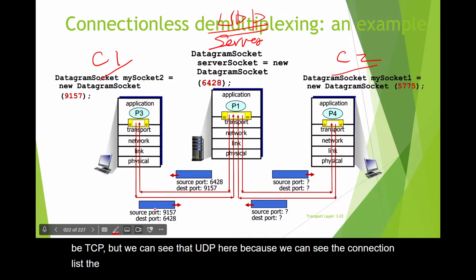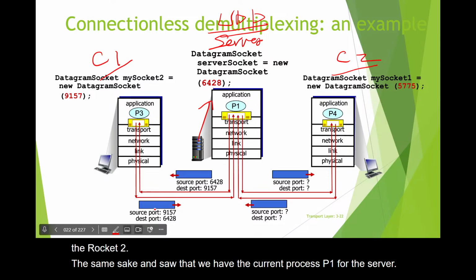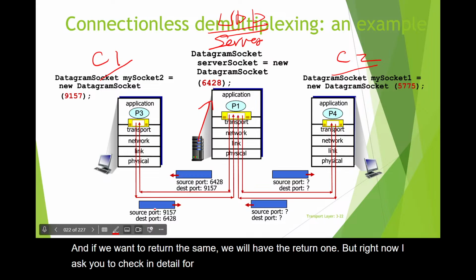Well, so currently, if we have UDP, we will direct it to the same socket, so that we have the current process P1 for the server. And if we want to return, we will have the return one.